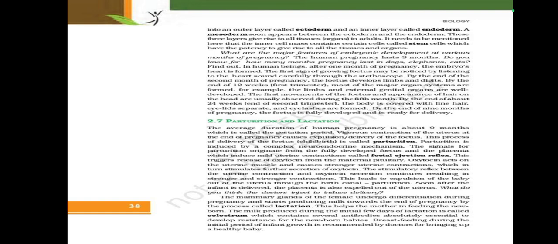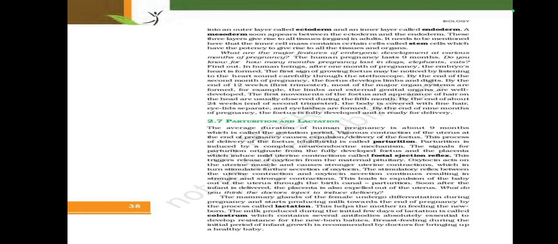Oxytocin acts on the uterine muscle and causes stronger uterine contractions, which in turn stimulate further secretion of oxytocin, and the stimulatory reflex between the uterine contraction and oxytocin secretion continues, resulting in stronger and stronger contractions.